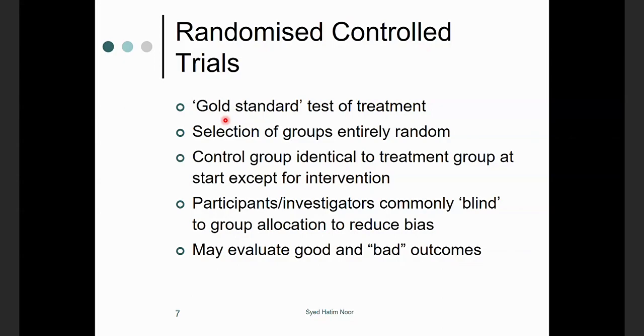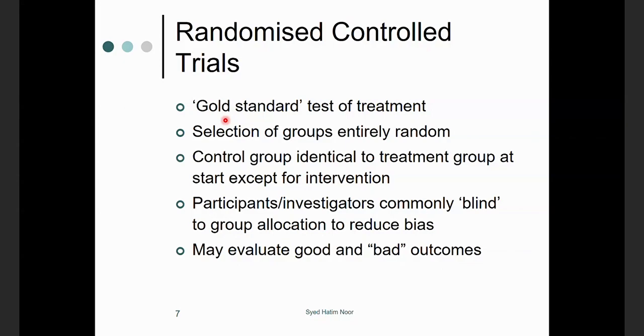You will learn later about random sampling, that is different. Random sampling is selecting your sample from the population. Randomization is how you are going to allocate your treatment to the participant or patient, because this is an intervention, right? So how are you going to allocate?